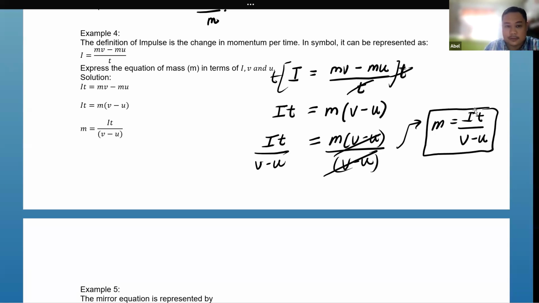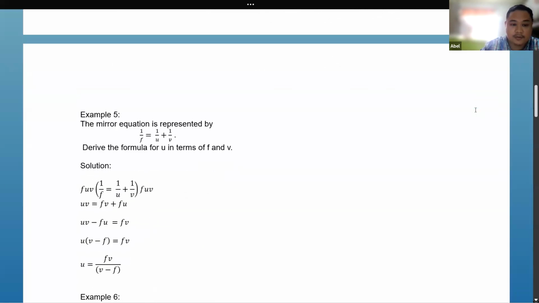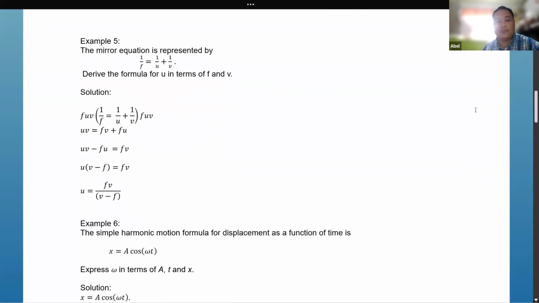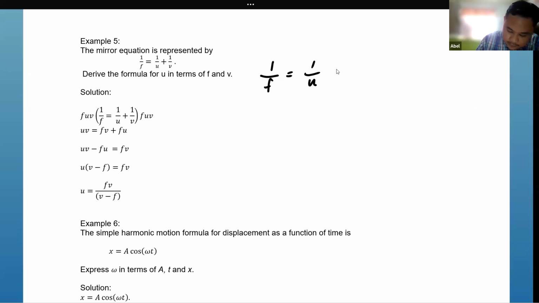Now, how about our example number 5? The mirror equation is represented by 1 over f equals 1 over u plus 1 over v. Don't mind yet the terms u and v. We'll just need to show the correct formula for u. So if we have 1 over f equals 1 over u plus 1 over v, we need to multiply both sides of the equation by f, u, and v.